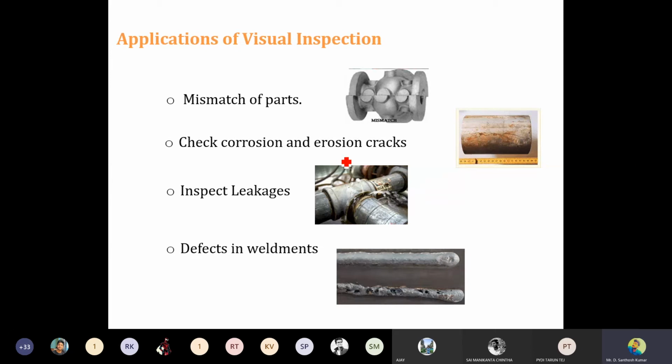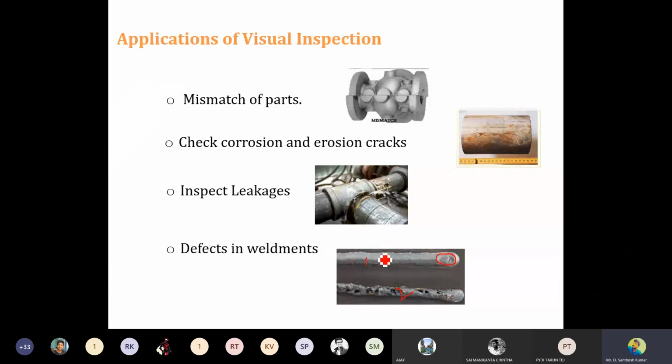There are two diagrams. This is the one, and this is the two. So see on this particular weldment, there are no defects, only this one kind of small defect, but the remaining is everything good. Why? Because whenever you see with the naked eye, you consider this a somewhat very smooth surface.